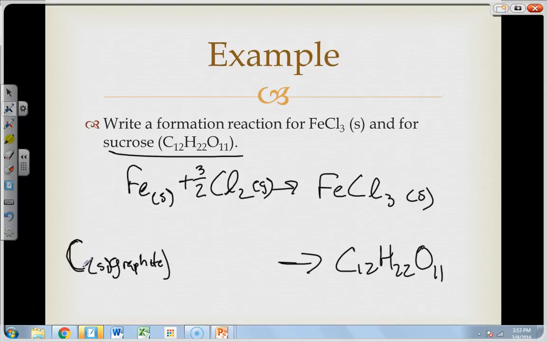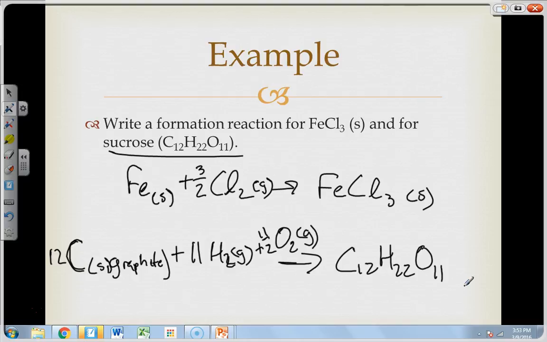So that carbon, there's 12 of them, plus H2 gas. We have 22, so we need 11, and that's its most common natural standard state, H2, it's diatomic, plus O2 gas. Now we have 11 here and 2 here, so this has to be 11 halves. So that's going to end up equal to 5.5. You can use either one.